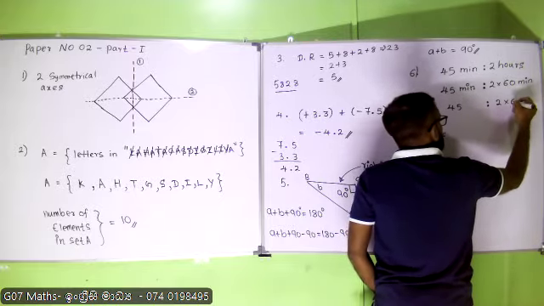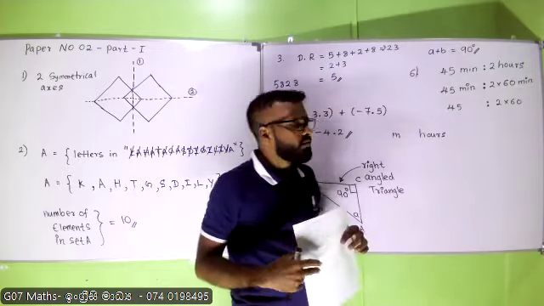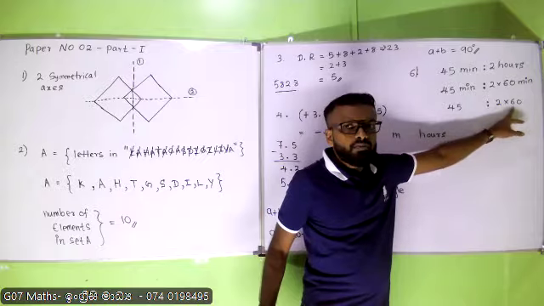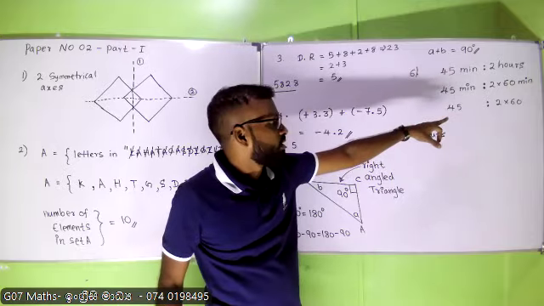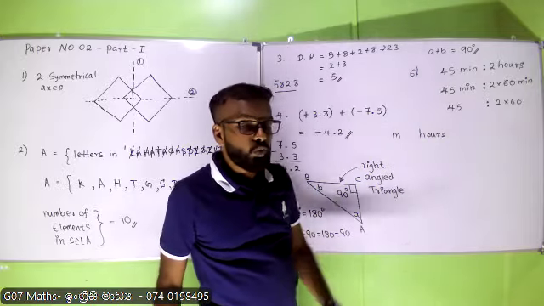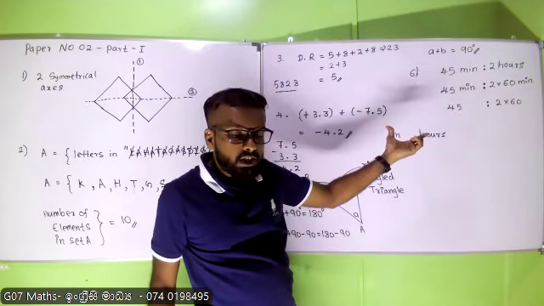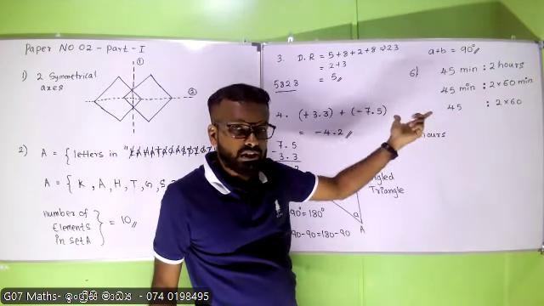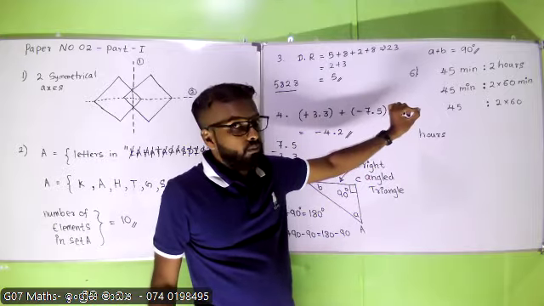2 times 60. Now, why didn't I simplify this? Because if we simplify that 2 times 60, I will get again 120. But we need to represent this ratio in its simplest form.